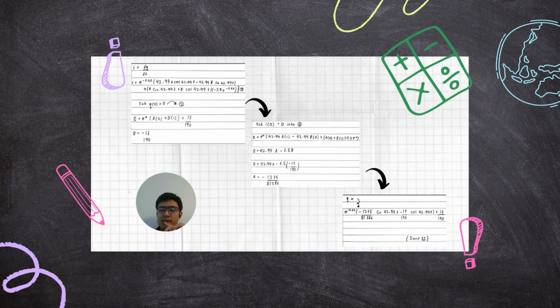After we have both values A and B, we insert the values into the equation of Q, the general solution.